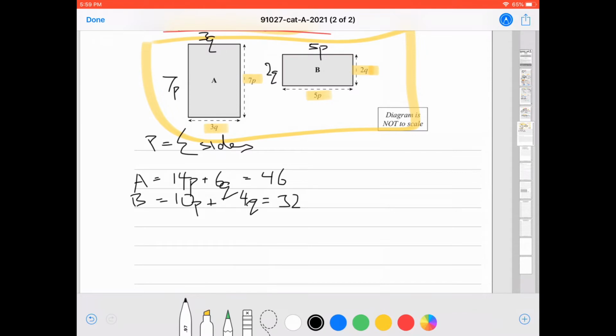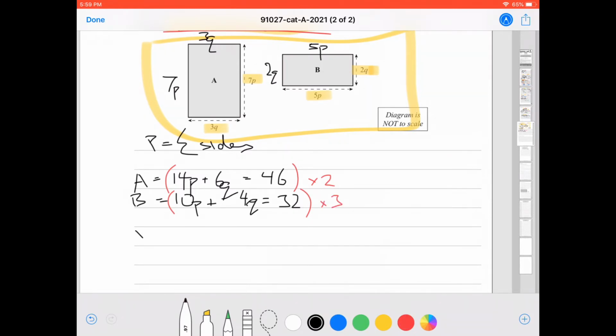We want either p or q to have the same coefficient for both equations. Let's take q to 12 here. And so we're going to multiply our equations. We're going to multiply A by 2 and B by 3.